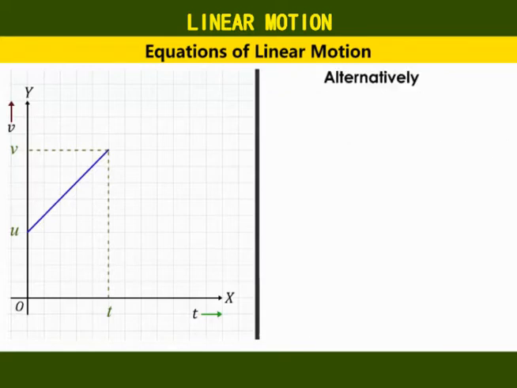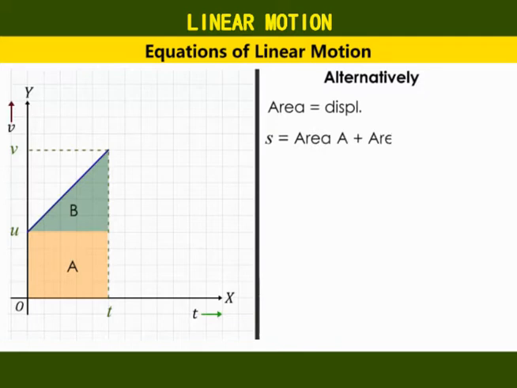Alternatively, from this same motion, we know that the area under the graph up to the x-axis represents the total displacement. The shape is a combination of a rectangle A and a triangle B, so that displacement is equal to the area of A plus the area of B. Area of A is equal to length times width.